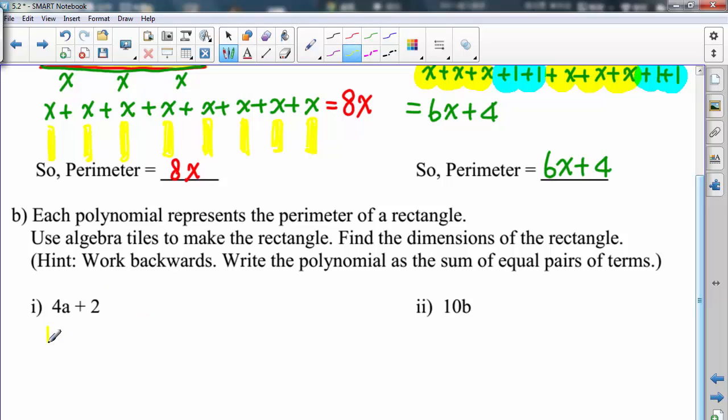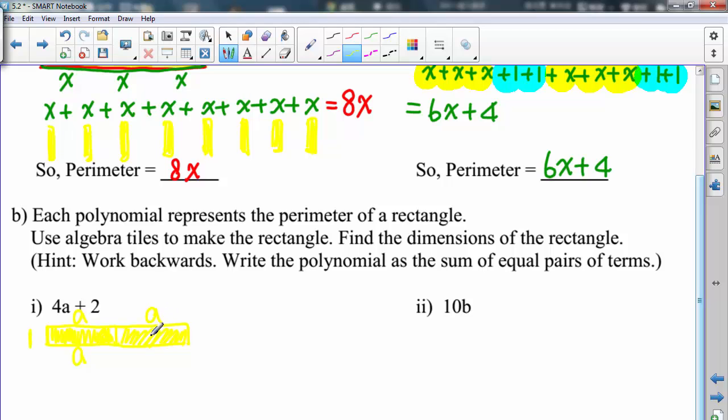So 4a plus 2, let's draw one yellow rod. One yellow rod, this one is 1a. This side is 1. This side is also a. I want a 4a, so I put the other yellow rod next to this one.